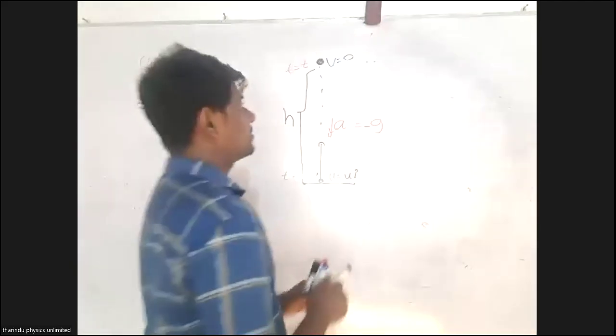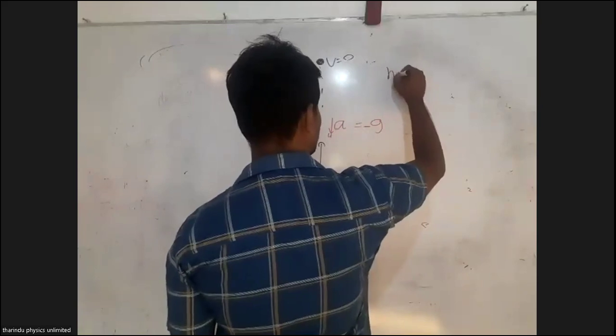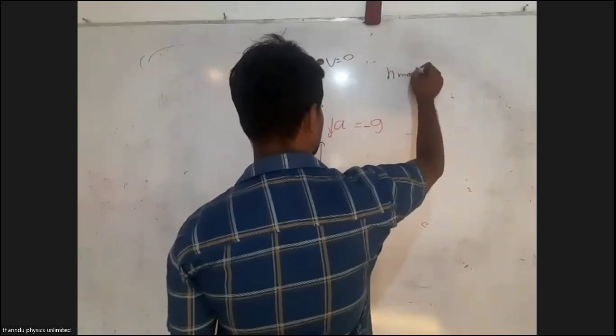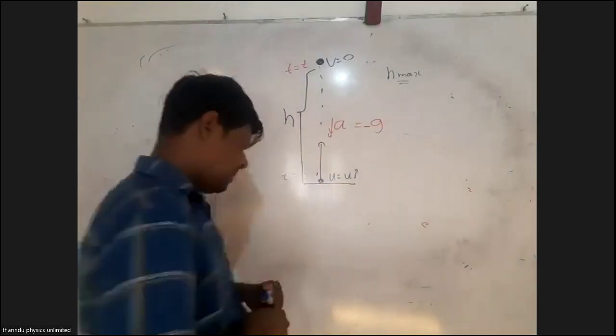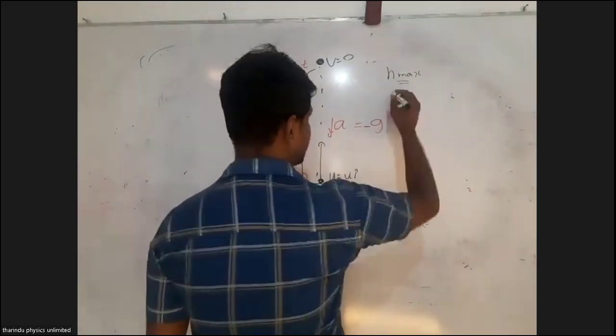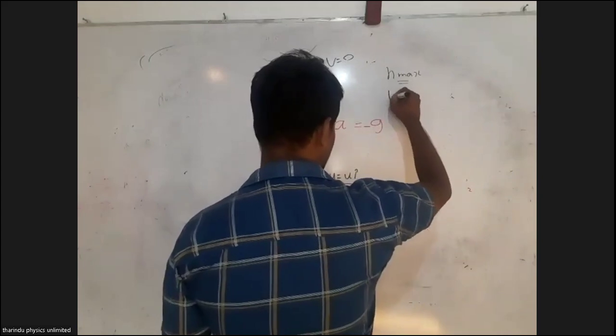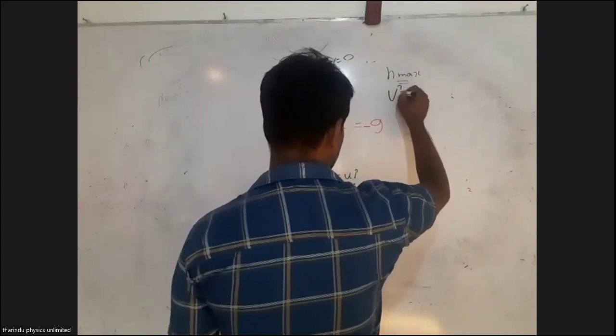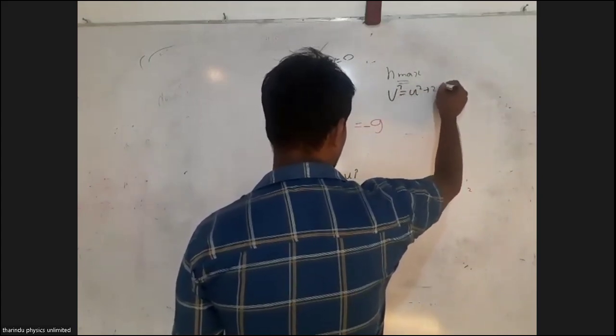So let's find out the maximum height, H max. Initially, I know V is 0. So finally, V squared equals U squared plus 2AS.